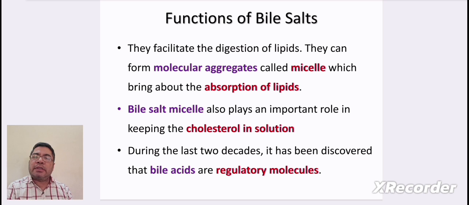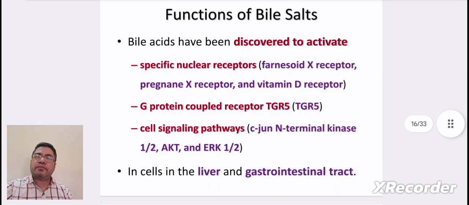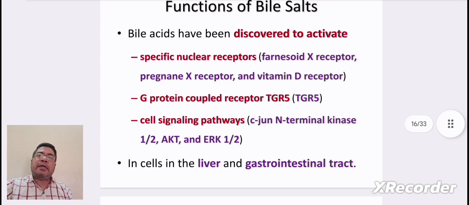During the last 2 decades, it has been discovered that bile acids are regulatory molecules. Bile acids have been discovered to activate specific nuclear receptors, G protein coupled receptors such as TGR5, and cell signaling pathways in the liver and gastrointestinal tract.